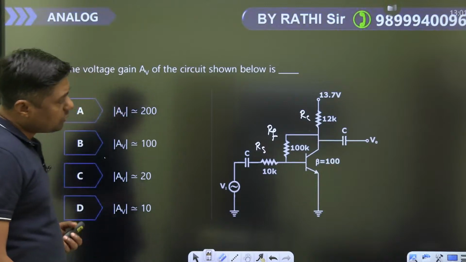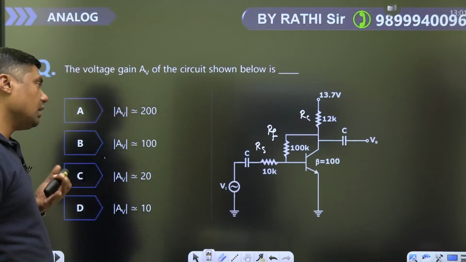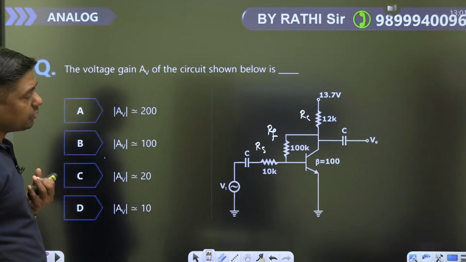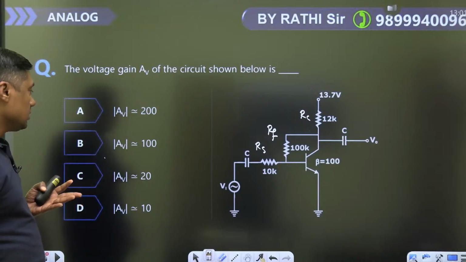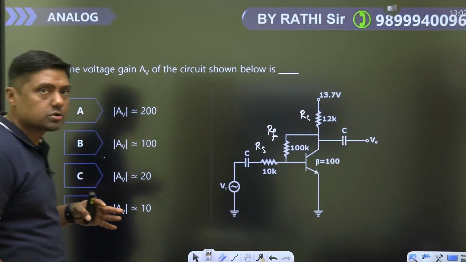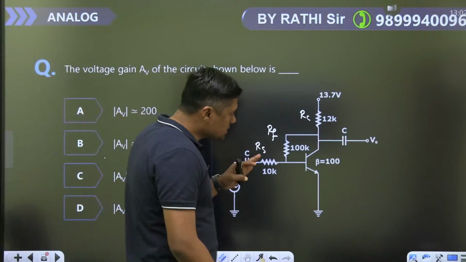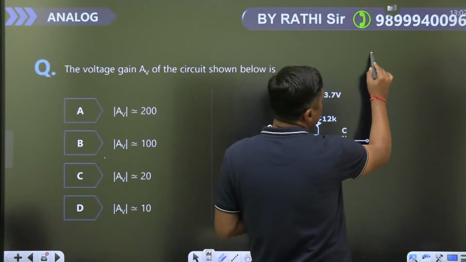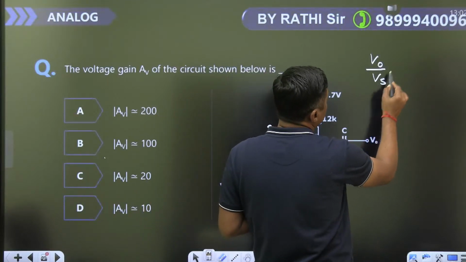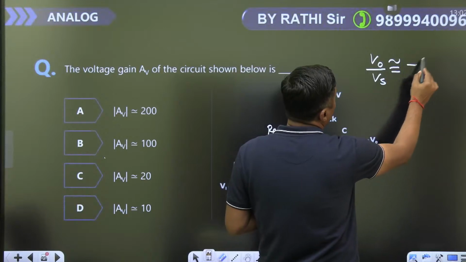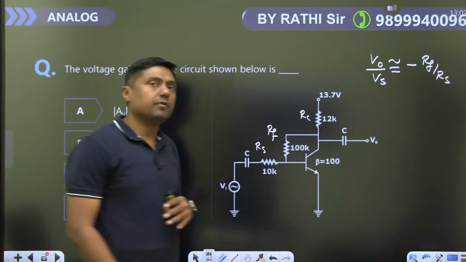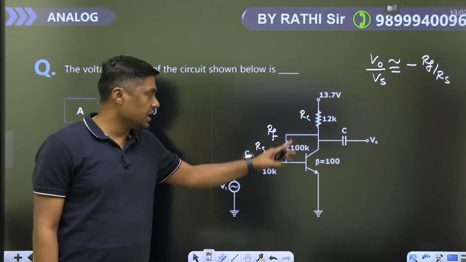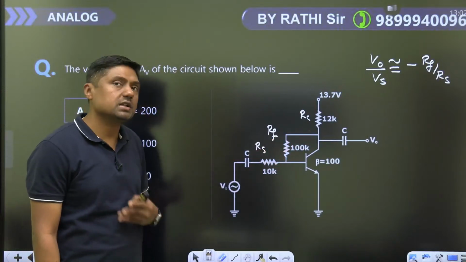The answer for this question is nearly equal to minus RF by RS. This is the feedback resistor RF and this is the RS. 100 by 10, that answer is minus 10.